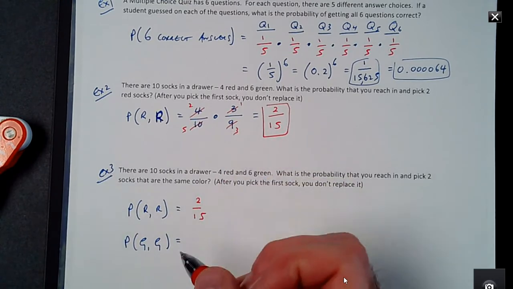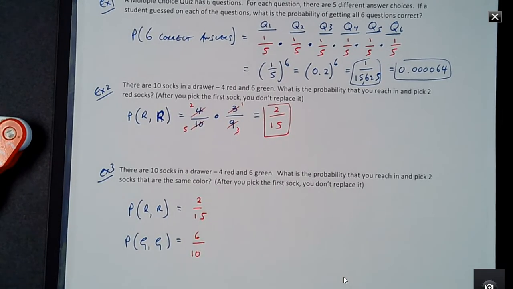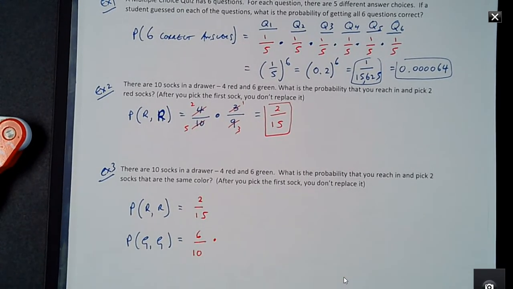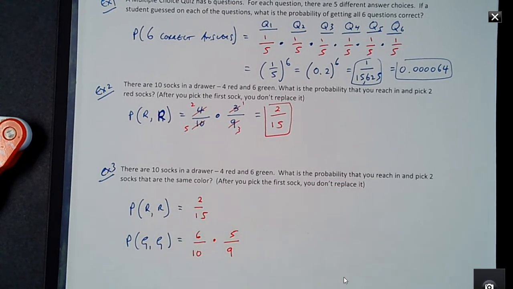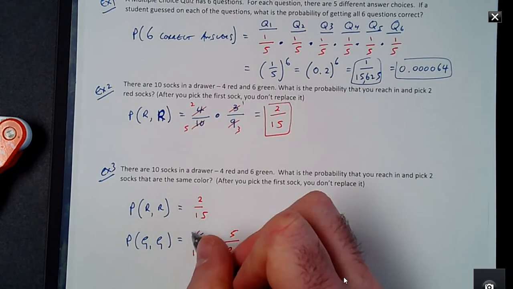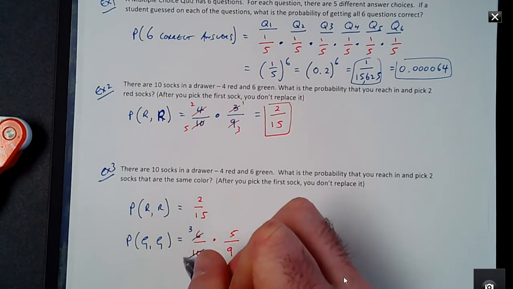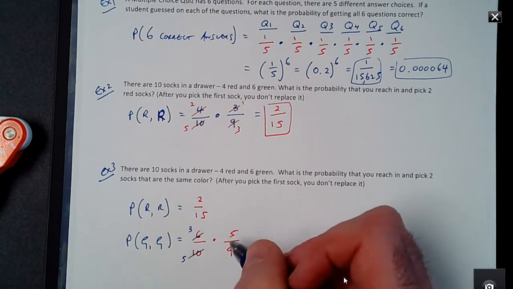Now what's the probability of picking 2 green socks? Well, probability of picking the first green sock, there are 6 possibilities out of 10. But remember, once you pick that green sock, you've only got 5 green socks left out of a total of 9 socks altogether. So let's go ahead and simplify. 2's will go into each of these. 2's will go into that 3 times. 2's will go into that 5 times. Now this won't simplify, but I can do 5 over 5 right there.